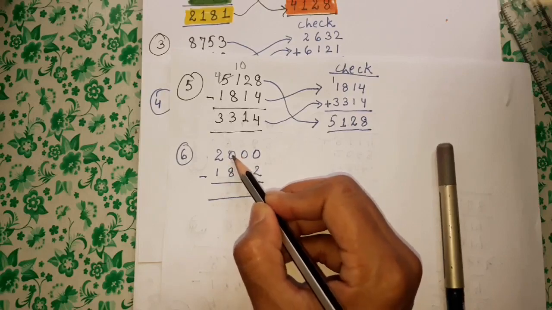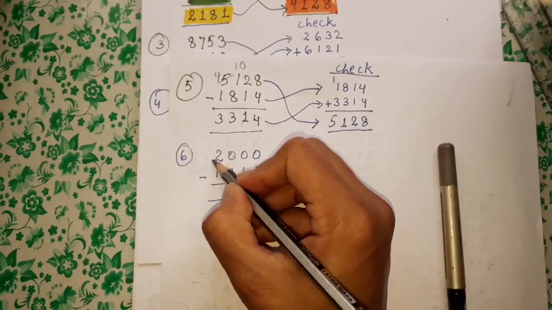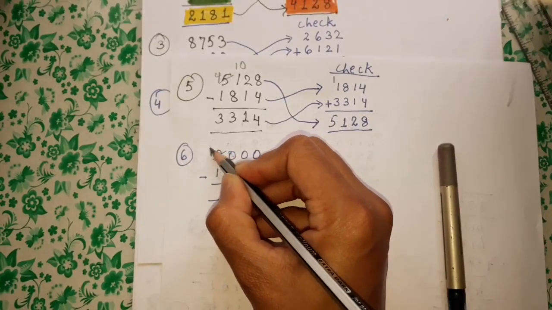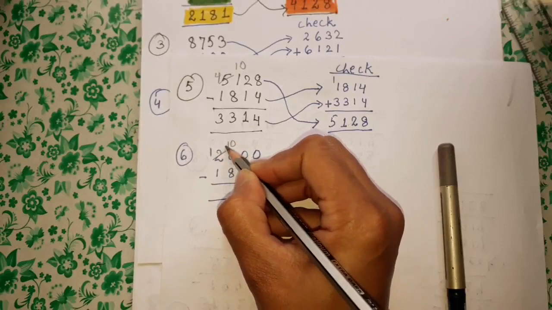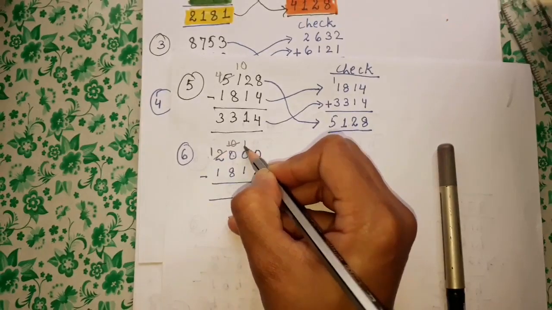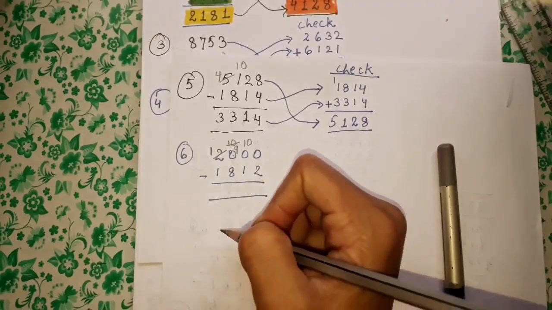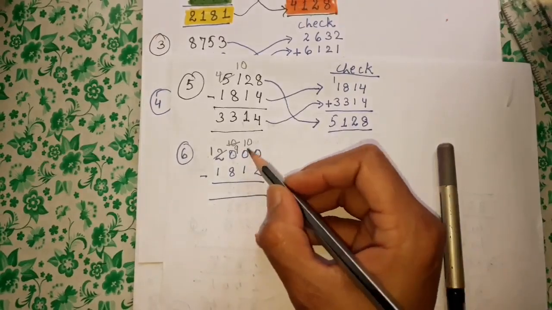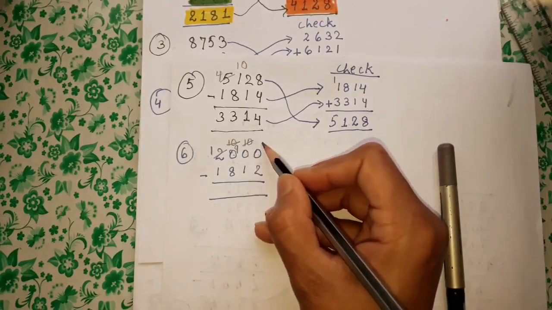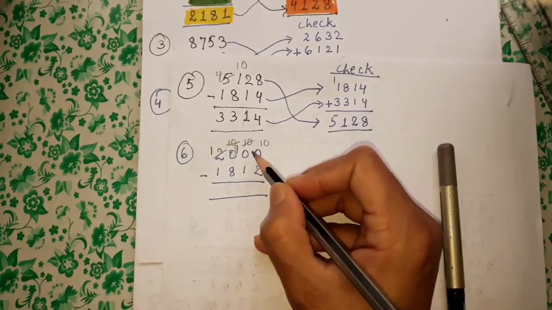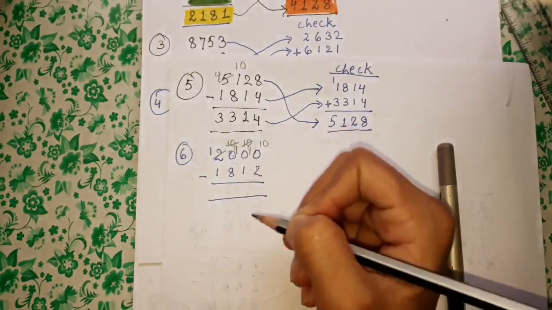Here it is also 0. Again we move to 1000 place. Here 2 becomes 1 and it gives 10. And 100 gives 10 to tens. So here 100 becomes 9. Again here 10, when tens give 10 to ones, at tens place we get 9.